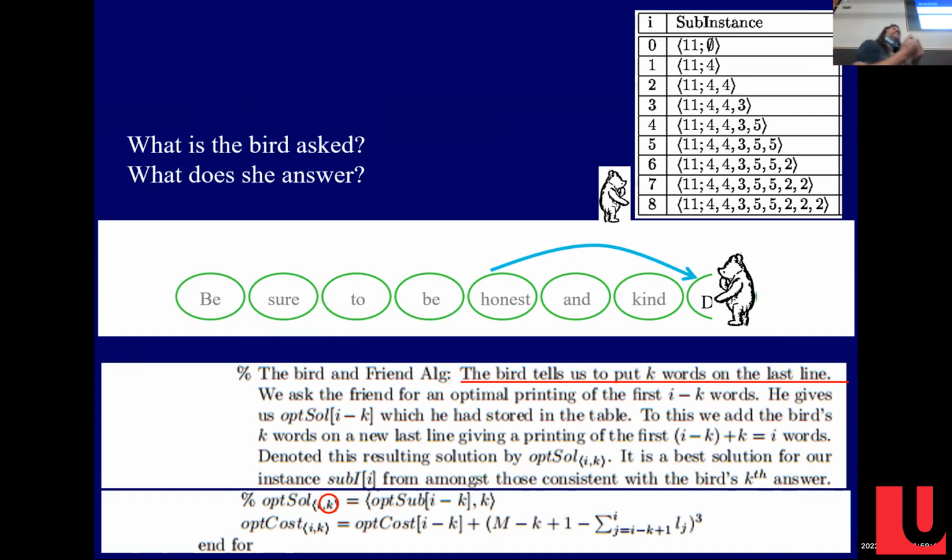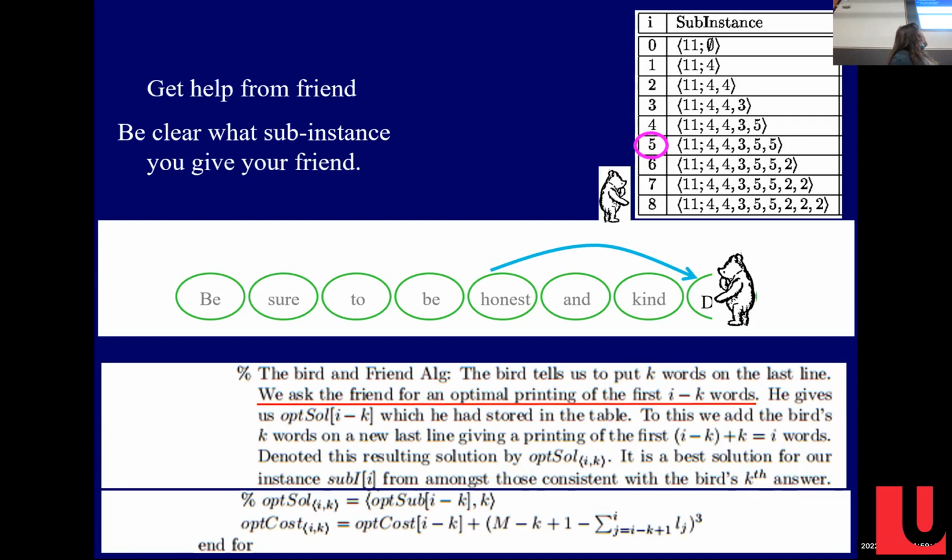Because our sub-instances are printing the first I words, and so we want to make that sub-instance backwards from the forward, so that our friend is smaller this way, not smaller this way. So we asked the bird about the last I words, and then my bird says K.